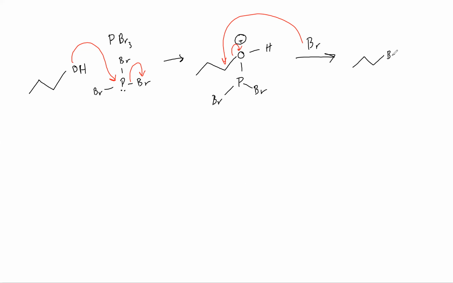This is just a different type of reaction, and you may want to use PBr3 for certain specific reasons, like maybe you want to do another reaction at the same time that HBr would interfere with. Just know that PBr3 is going to replace the oxygen, the OH group. All right, so let's clear this.